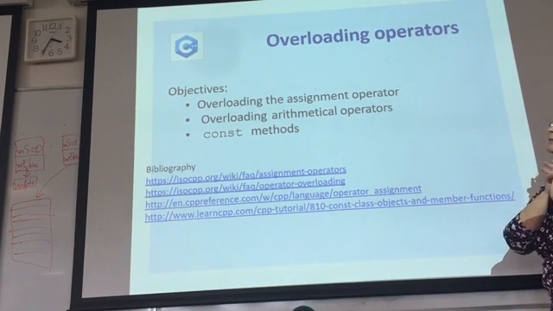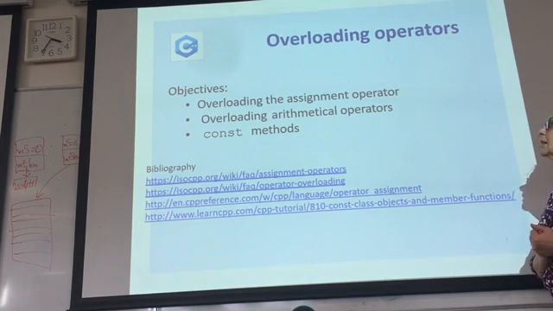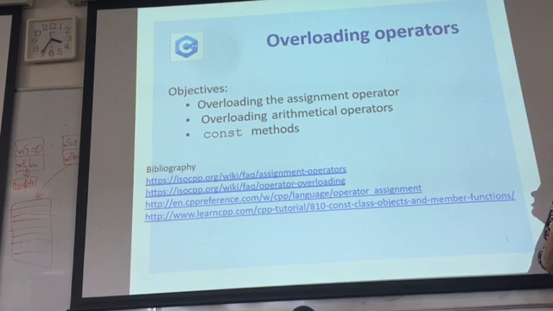There are something like 25 operators in C++. Interesting is you can't introduce new operators if you want. To have an operator which does whatever fancy thing, you are not allowed. You have to stick with what is provided by the language, but you can design them for your types.